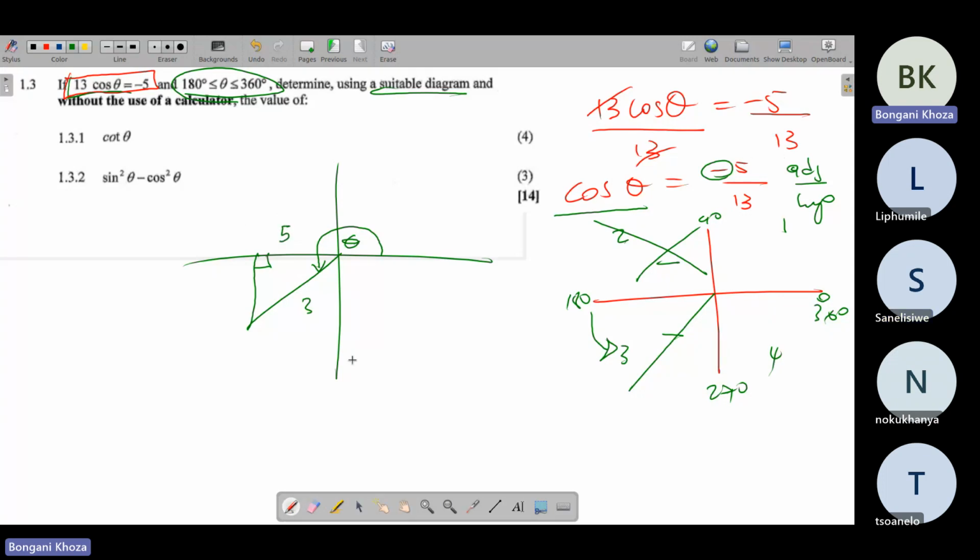And on the denominator, we had 13, which is our hypotenuse. But we have this sign over here, which is a minus. Does that minus belong to the hypotenuse or the adjacent side? To the adjacent side. It belongs to the adjacent because our hypotenuse cannot be negative, right?